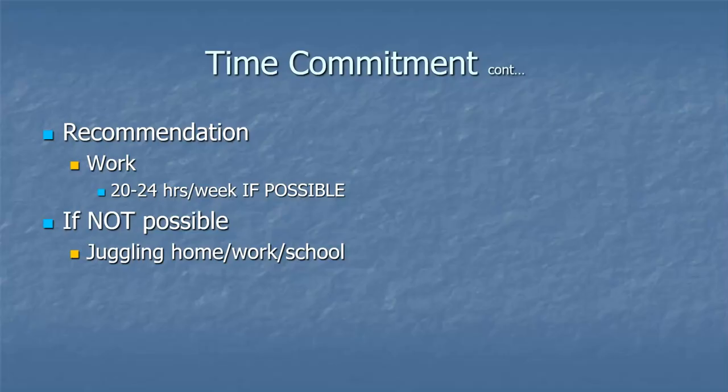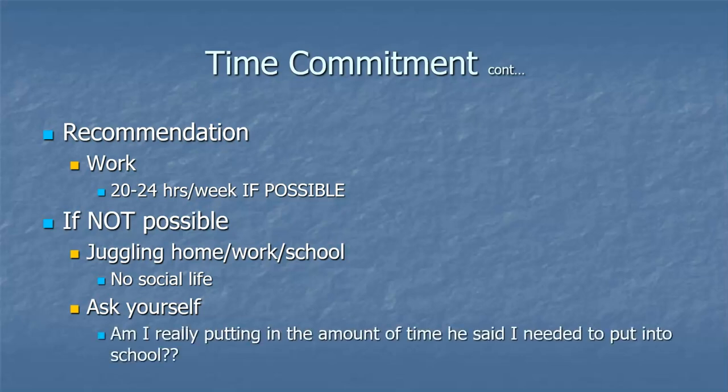So if it's not possible and you're working 40 hours a week, remember you're trying to juggle home, work, and school. That's an awful lot. So basically you end up with no social life. And you need to ask yourself, if you're not doing well, am I really putting in the amount of time he said that I needed to put into school?